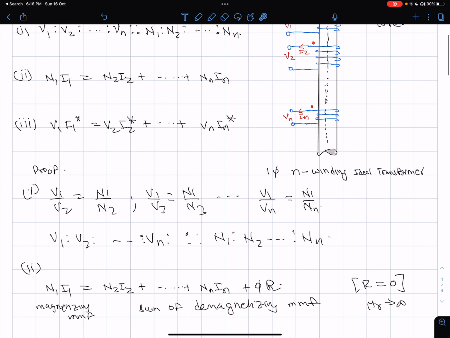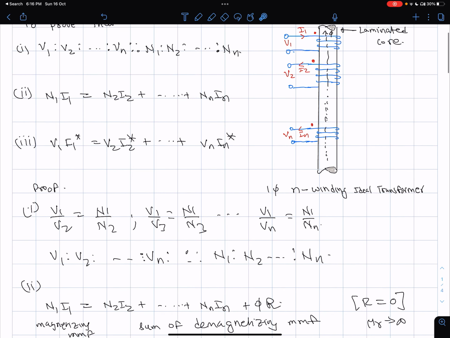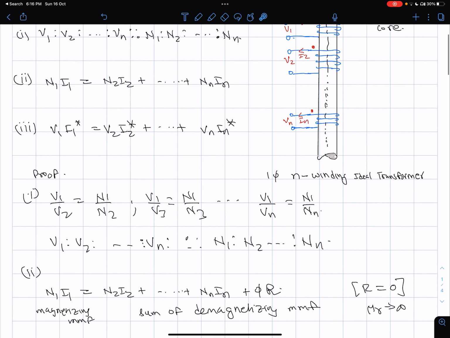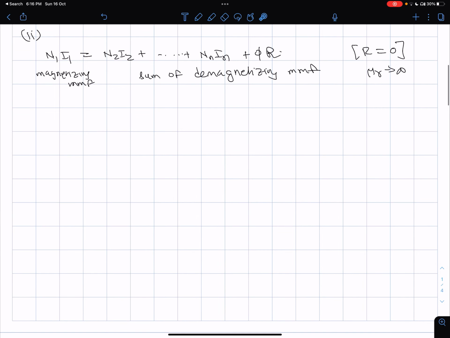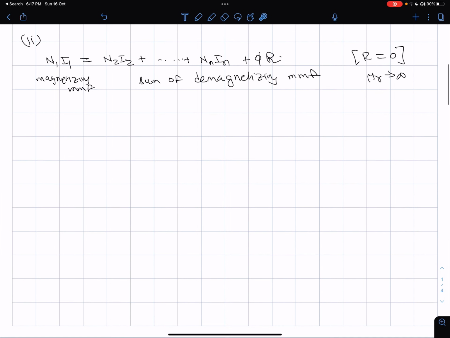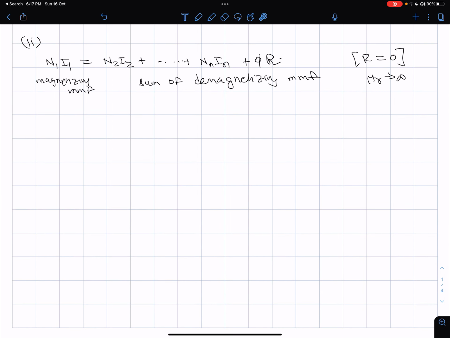So we need to show the third equation, and for that let us start from this equation itself and divide the MMF balance equation by N1. So you will get I1 equal to N2 by N1 into I2 and so on up to Nn by N1 into In.